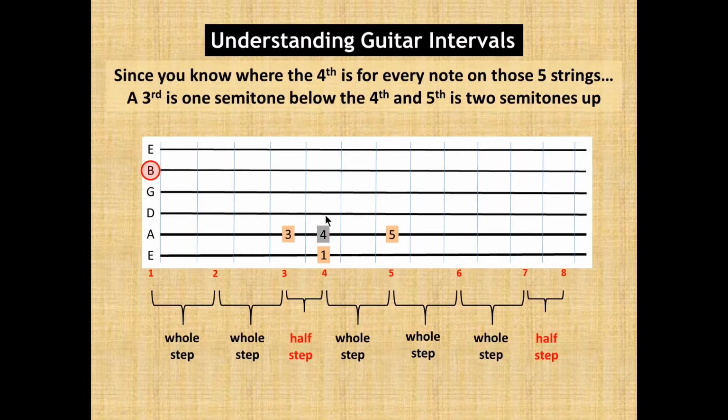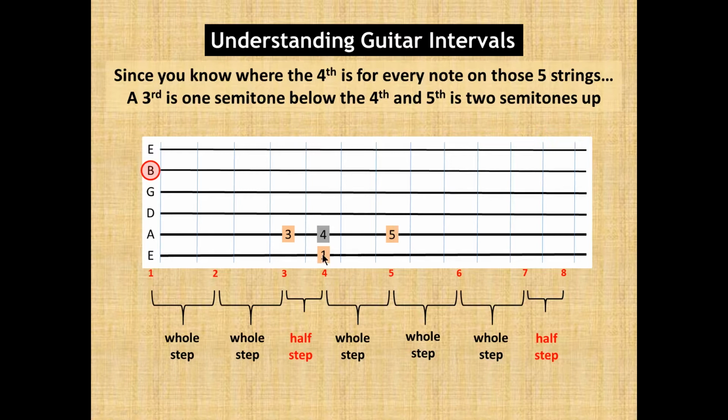So since we know this 1-4 relationship, and it works on 5 of the 6 strings, then it's very easy for us to realize that, not being interested in the 4th, one thing we are always interested in is the 1-3-5 pattern, because that's the major chord of any key.